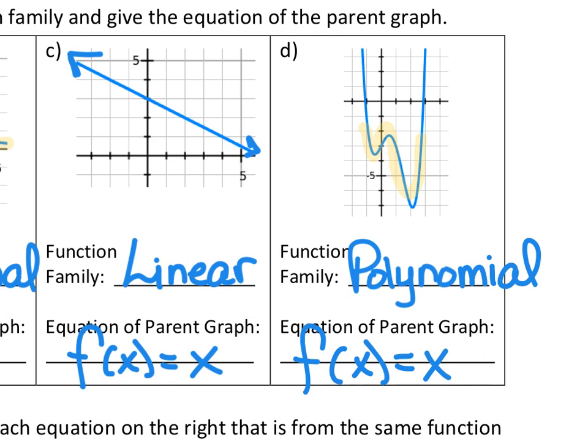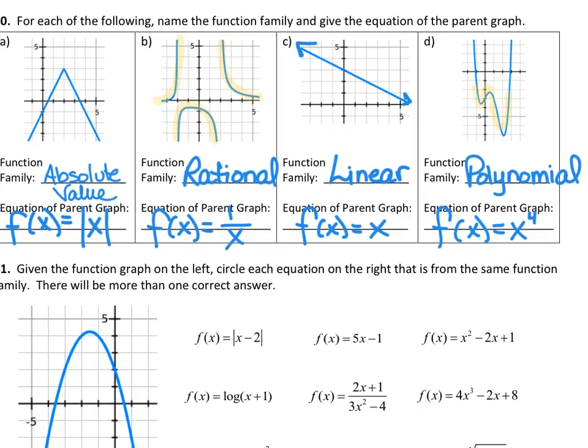If you're not sure what the exponent is, you can just say x to the n power, and n represents some number. But just for future reference, this graph is most likely a 4th degree graph, or x to the 4th power. We might call that a quartic graph, but we'll get into that in Unit 5.